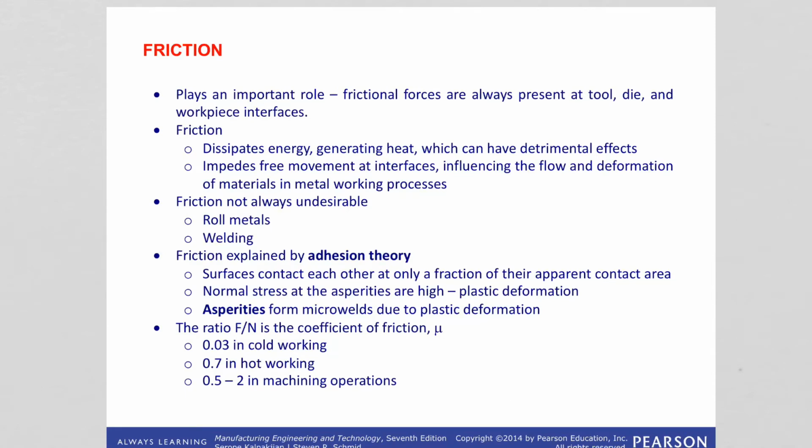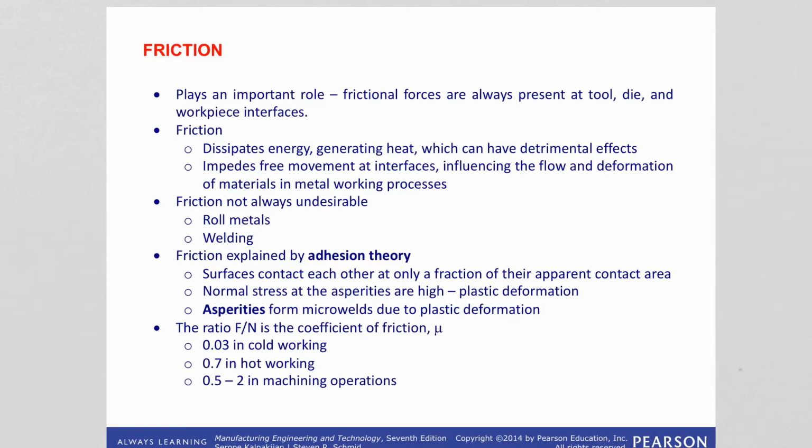Friction plays an important role in manufacturing processes because there is relative motion and friction forces. They are present at tool, die, and workpiece interfaces. And friction, as you can imagine, dissipates energy and generates heat, which can have detrimental effects. It also impedes free movement at interfaces, like it can influence the flow and the formation of materials in manufacturing processes.